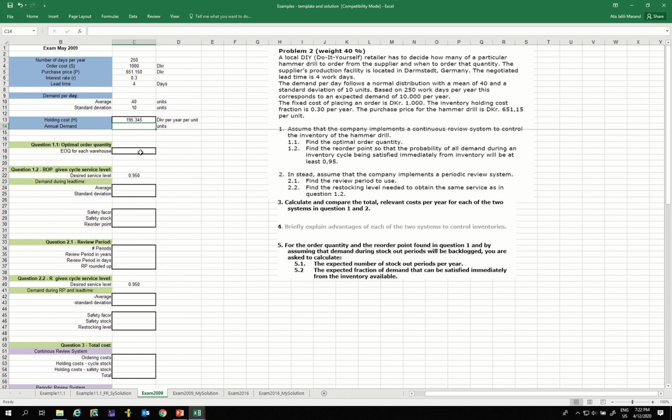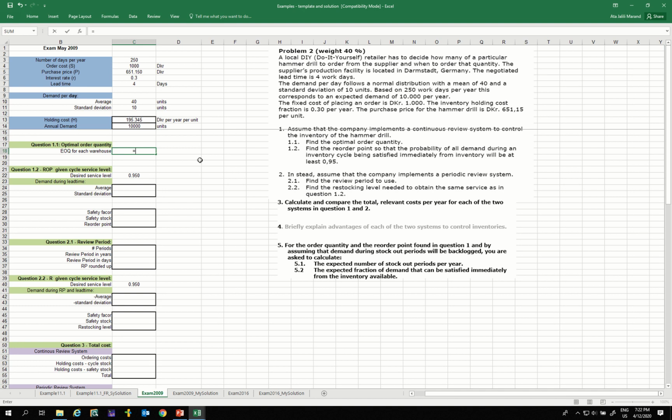Then we have the annual demand, which is equal to the average daily demand multiplied by the number of days per year. So it is 10,000. It is in fact the average yearly demand.